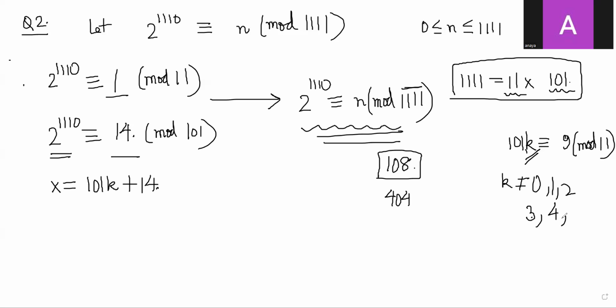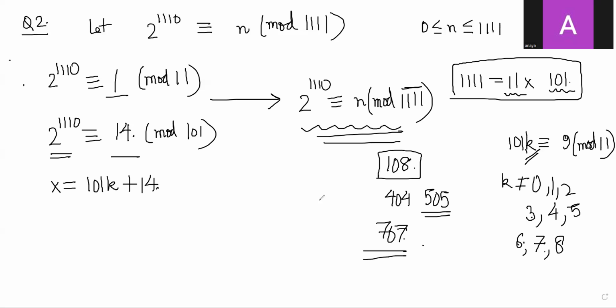So 4 also doesn't work. 5 means 505. That is 440 plus 65. 65 is 10 mod 11, right? So that also doesn't work. So 6, you're getting 606. And that would be 550 plus 56. 56 is 1 mod 11. 7 is 707, which is 660 plus 47, which is 3 mod 11.